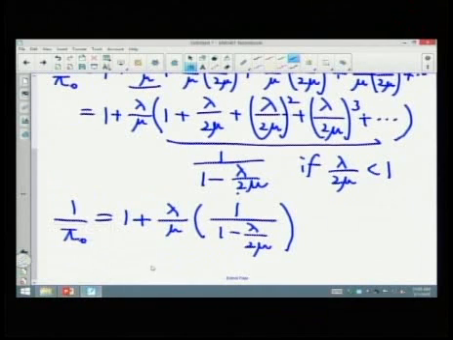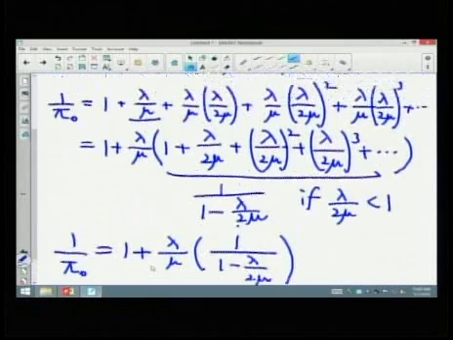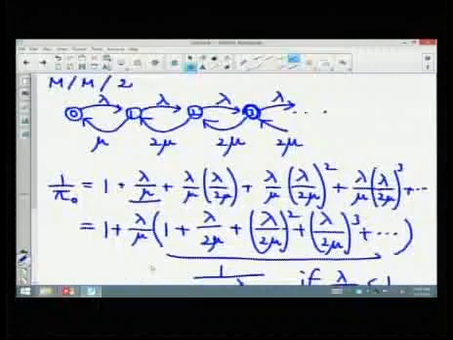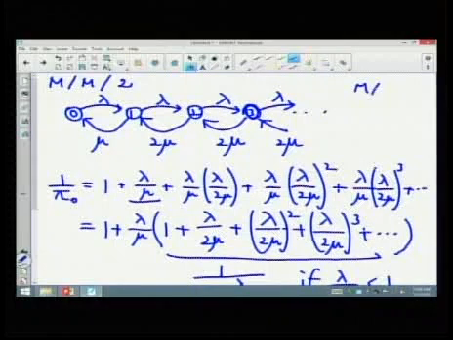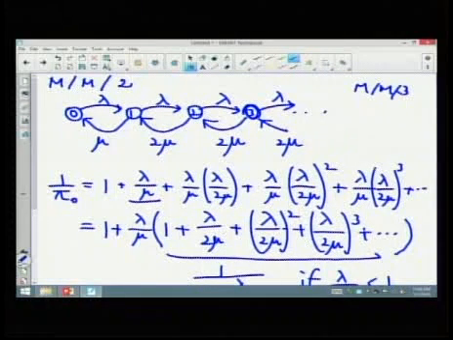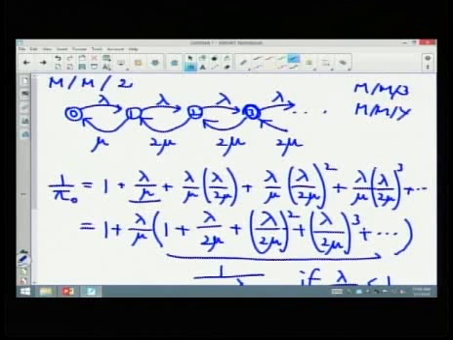And you can do this for M/M/2, M/M/3, because we already did M/M/2, and M/M/4, M/M/5, and so on.